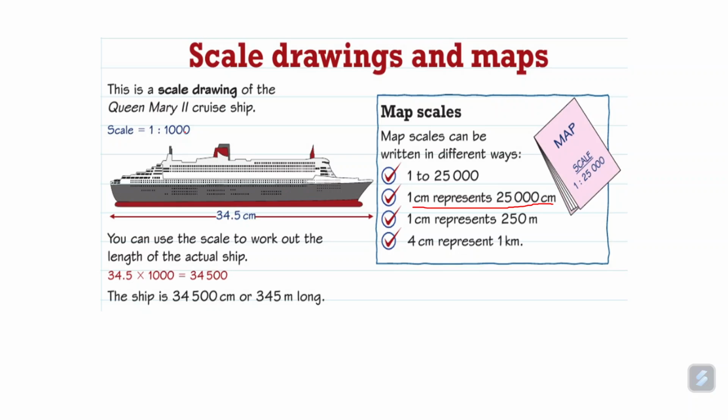Take for instance, 1,000 grams make 1 kilogram. If you are converting from gram to kilogram, you divide by 1,000. And if you are converting from kilogram to gram, you multiply by 1,000. That is different from scale drawings and maps. Please take note of that.